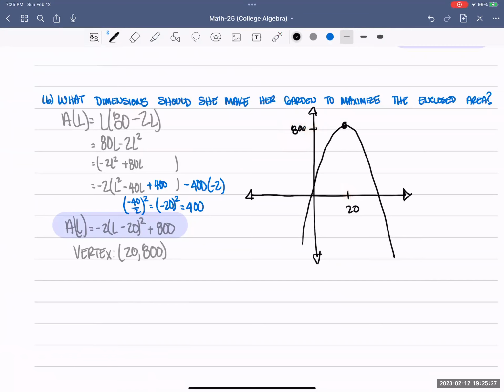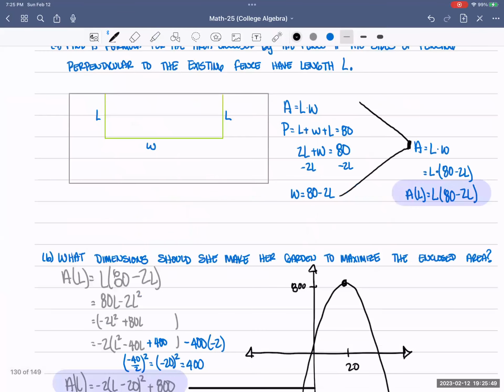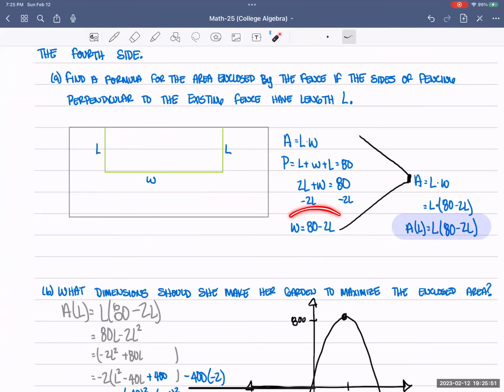So what dimensions should she make her garden to maximize the enclosed area? I'd say a length of 20. But we have to figure out what the width is. And we have a formula for width.